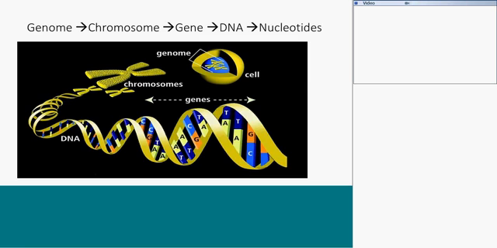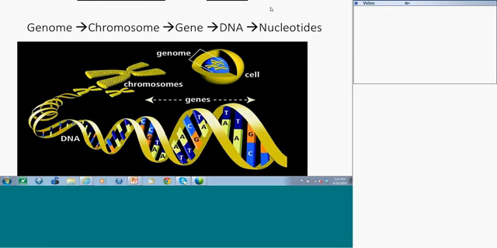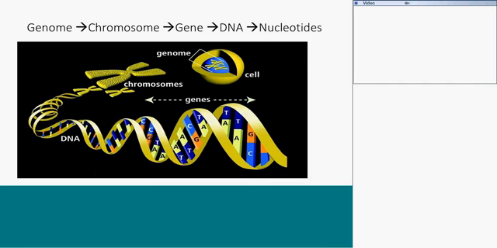And if you unwind the DNA, you get to the nucleotides, which are holding the code of the DNA. So the nucleotides are the building blocks of the DNA. When we talk about genes, we are talking about the instructions that help us develop mentally and physically.